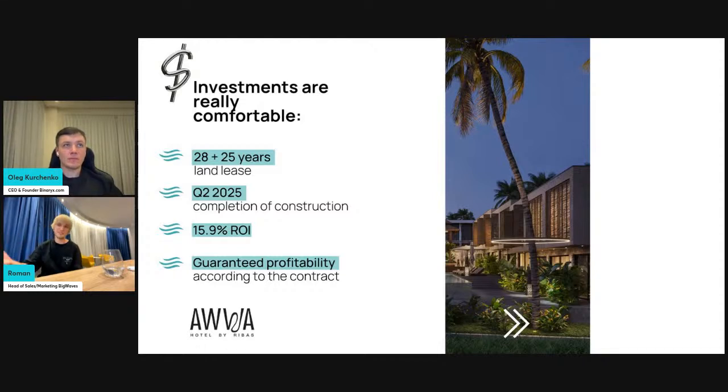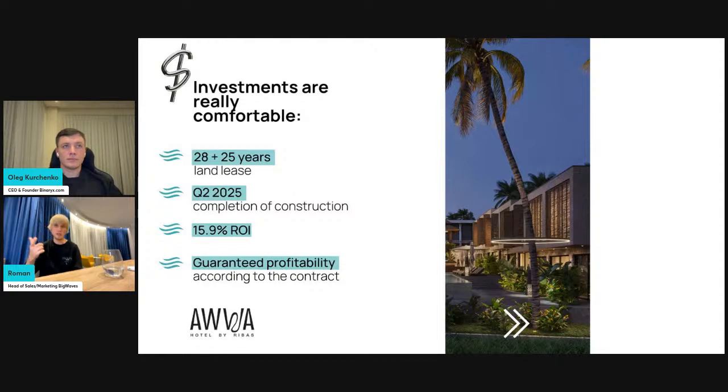We are located on the main Berawa street, that's why the name is AWWA. It's one of the 2 main streets in Canggu, and all the biggest beach clubs in the world and the biggest restaurants, all main points of Bali, are located 2, 3, 5 minutes from our hotel, and we are 6 minutes from Berawa beach. So it's also very interesting about location.